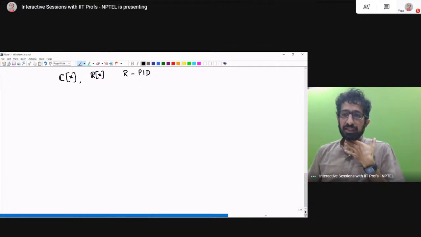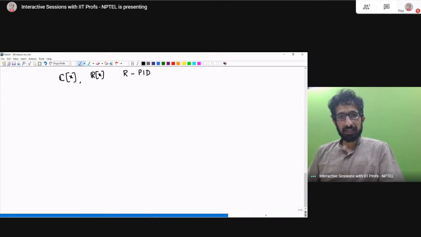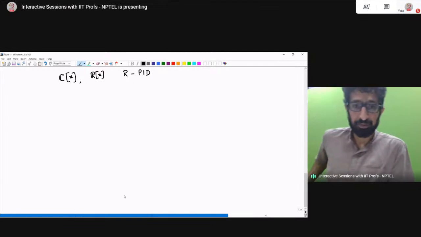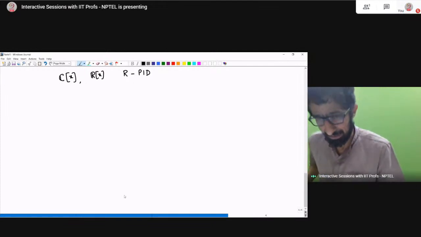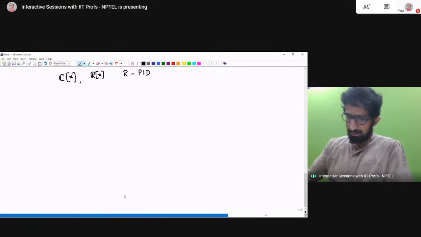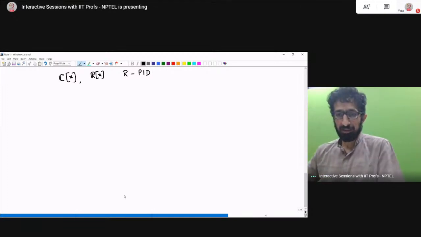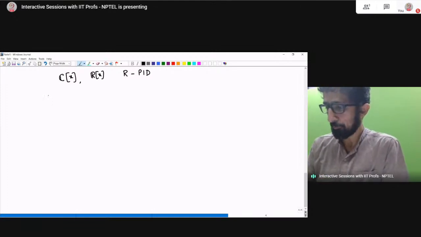Therefore, the open set will be the complement of a finite set. And if your PID is large enough, then you will always have intersection between any two open sets. Now, since you have asked when is it Hausdorff, let's look.